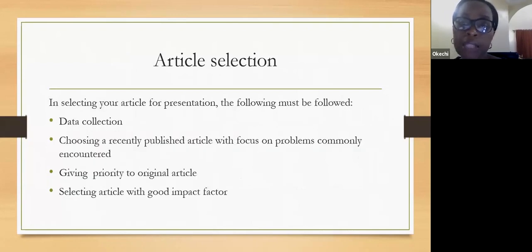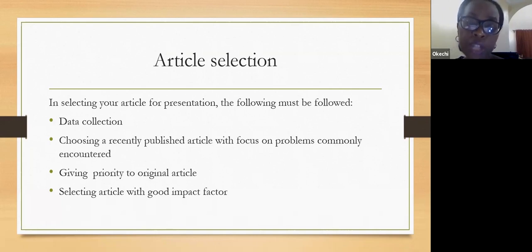So when you're selecting your article, choose a recently published article with focus on problems commonly encountered. Those are the things that will catch people's attention. Recurring discussions on educational sites online will give a guide on the articles that will be of interest to a wider audience, rather than getting something that people might not be too interested to talk about.